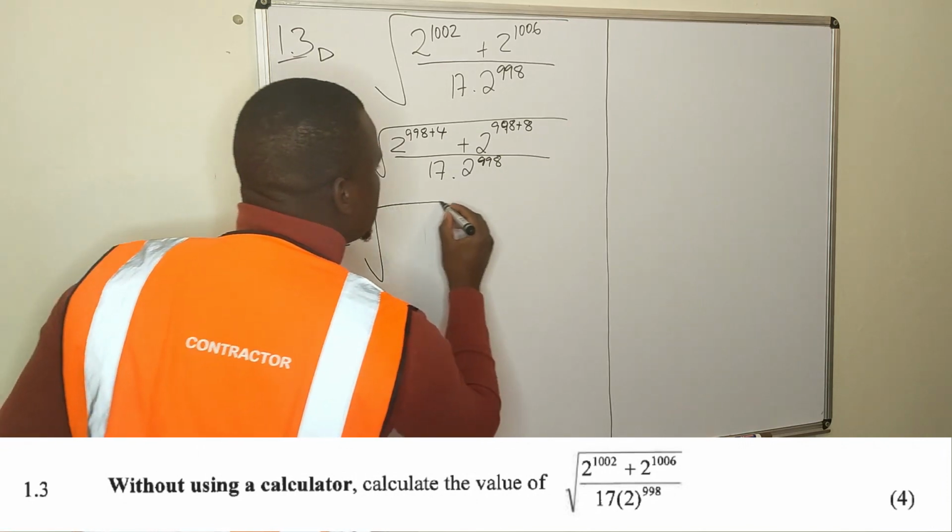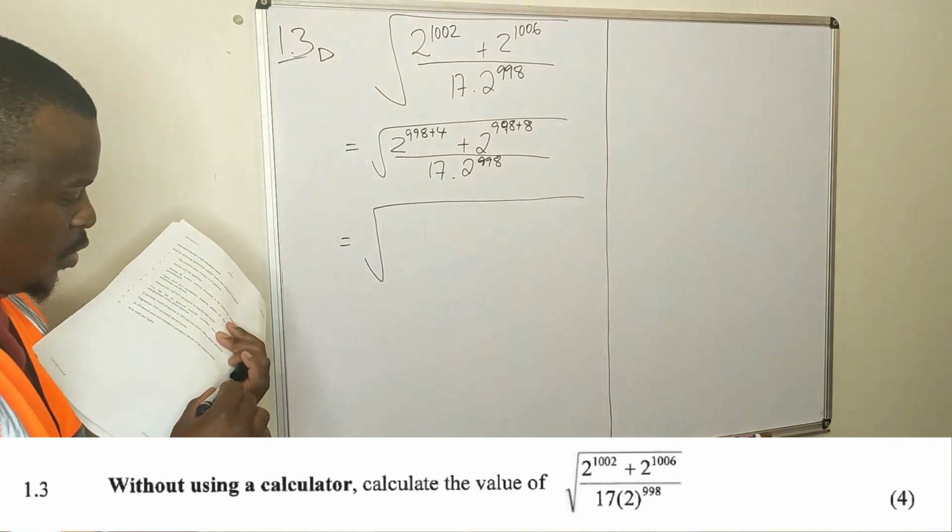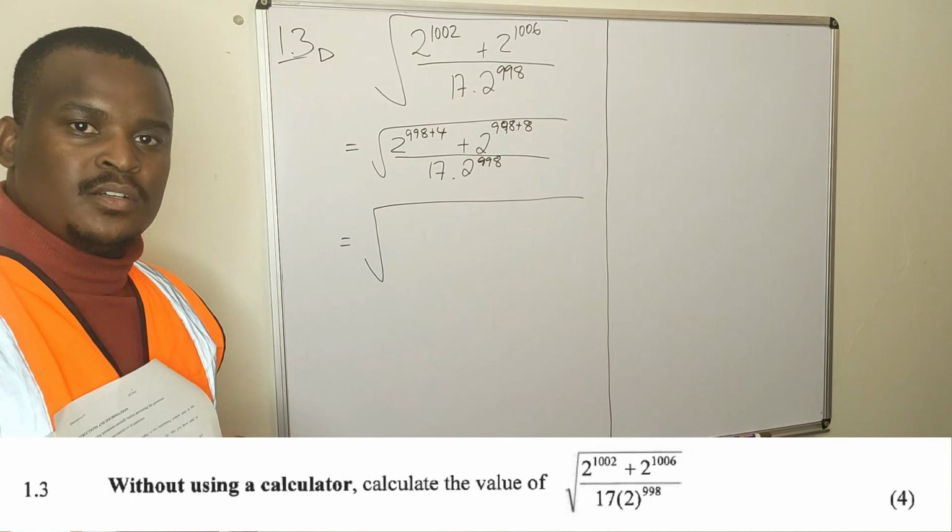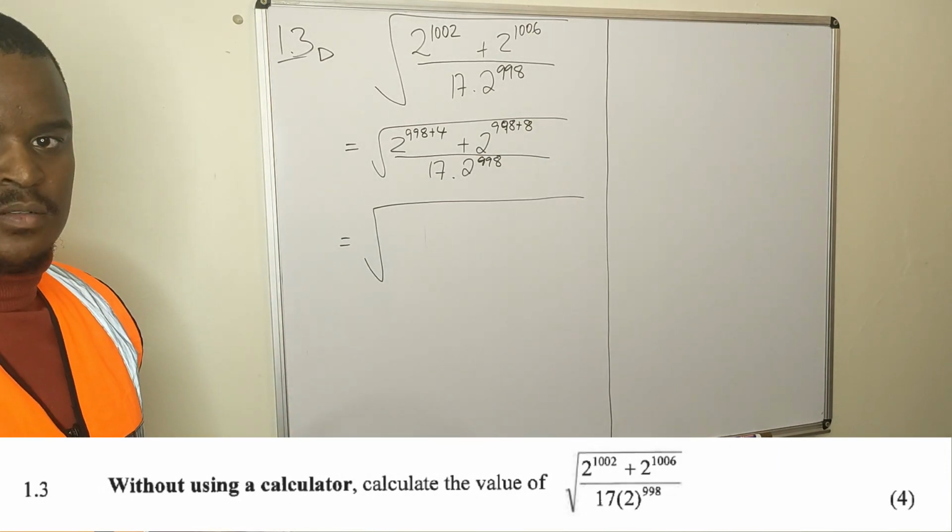We write the root. The root you just cite it. We'll deal with what is under the root. We might use the root at the very end.